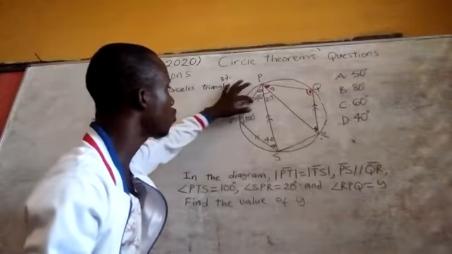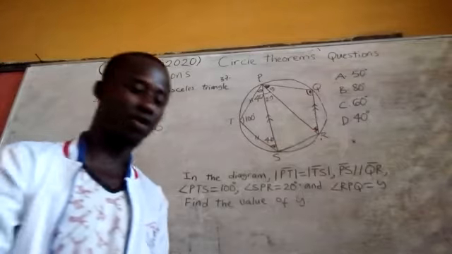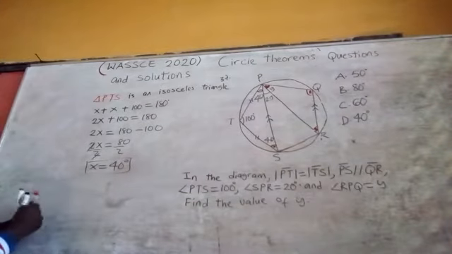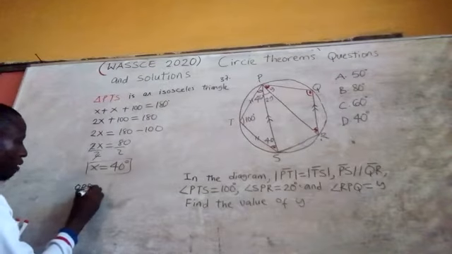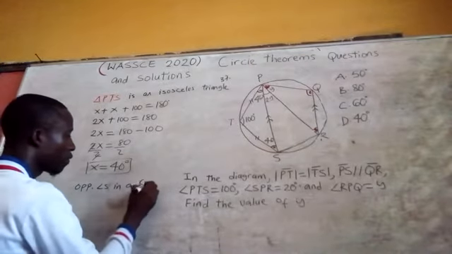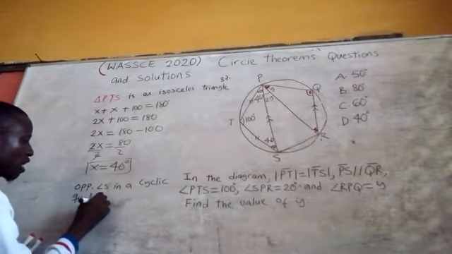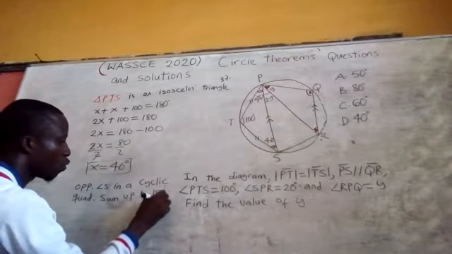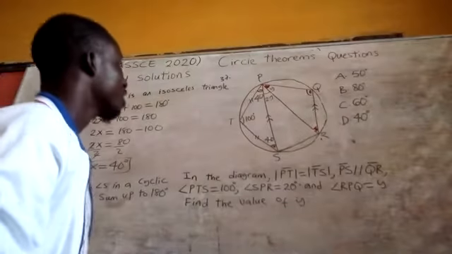We know that opposite angles in a cyclic quadrilateral sum up to 180 degrees. So opposite angles in a cyclic quadrilateral sum up to 180 degrees.